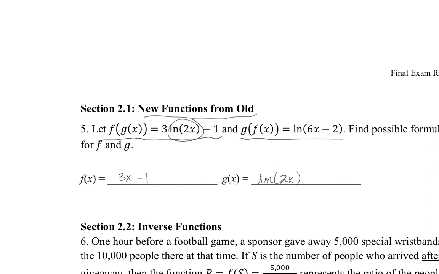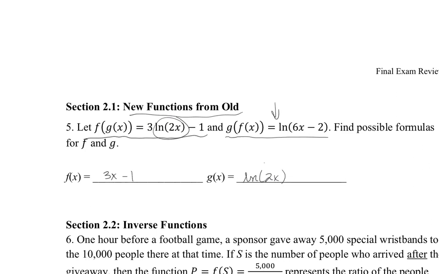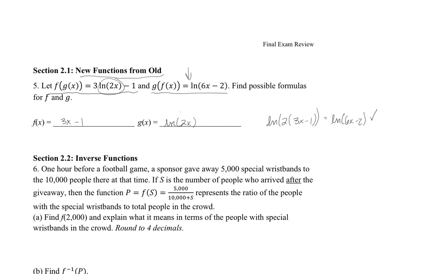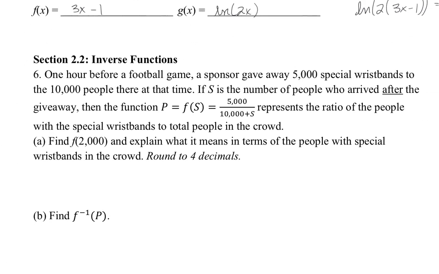Then going to the other composition, we would see natural log of 2 times 3x minus 1. That does indeed give natural log of 6x minus 2. So we are all good there. Perfect. Got it on the first time. On to the next question.